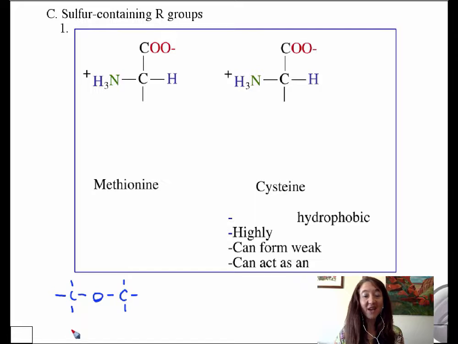If we have a thioether, then a sulfur replaces that oxygen. So a thioether would look like this. And methionine is famous for having a thioether. So it actually has an R group in which we see a CH2 bond S, bond CH2, bond CH3.